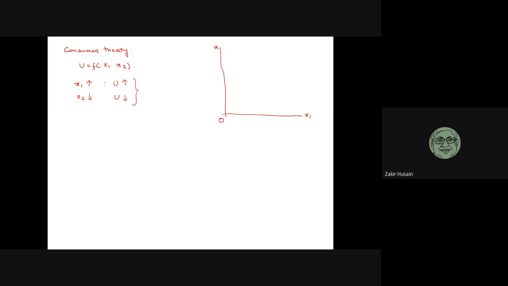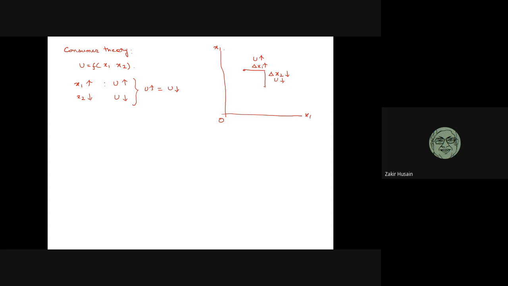right? Now suppose the increase in utility exactly balances the decrease in utility. So I start from here and I increase the amount of x1. Utility increases. So I reduce the amount of x2 so that utility falls, and these two balance.